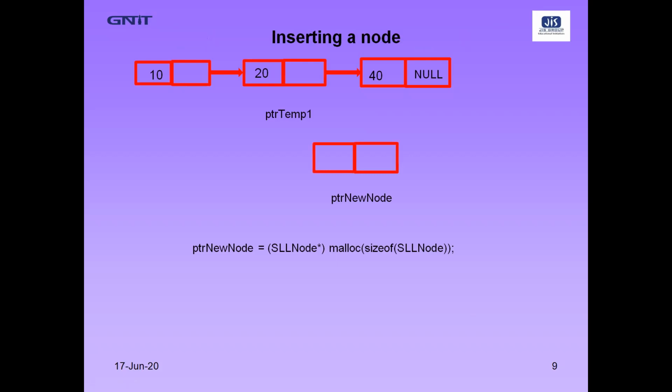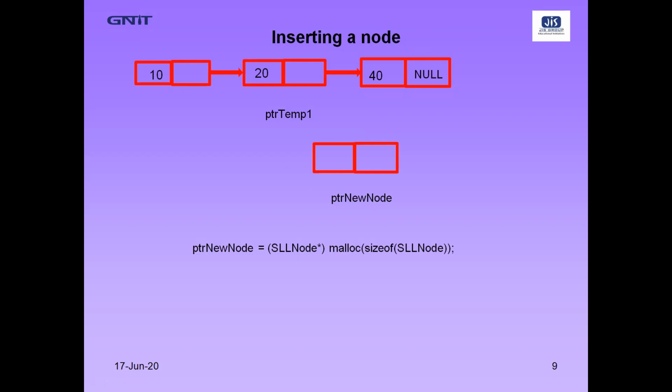Initially ptr_start is set to null to indicate that the list is empty. Now consider this singly linked list. A new node, PTR new node, is to be inserted after the node PTR temp1.